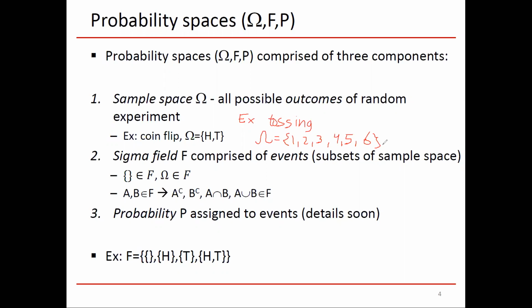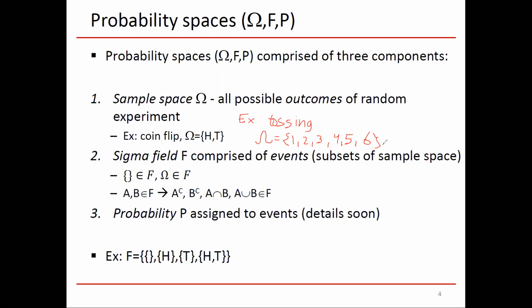So we have a sample space omega, a sigma field F, which has closure to intersection, closure to union, closure to the complement. And finally, the third component of a probability space is P. Omega, F, and P, the probability space, which is assigned to events, and details on the next page.